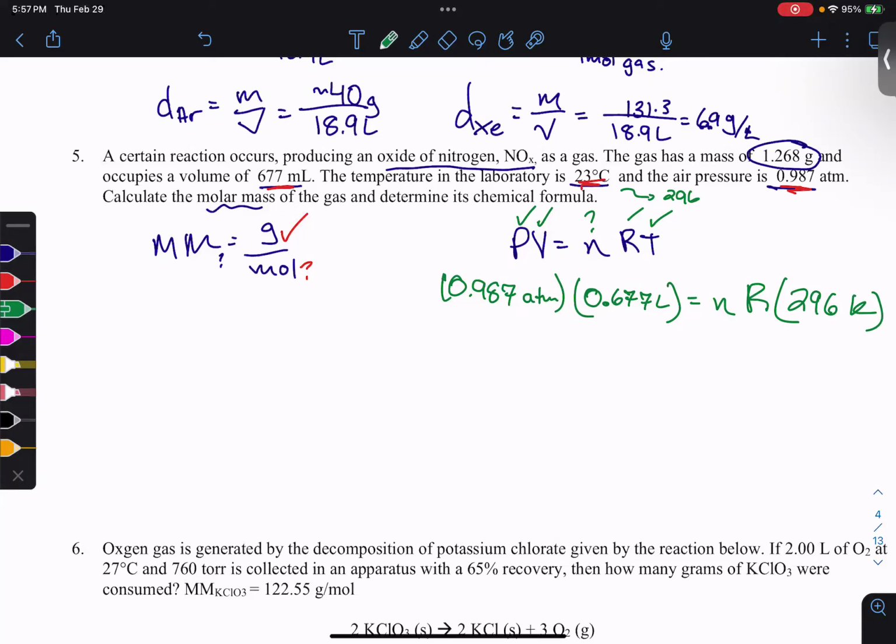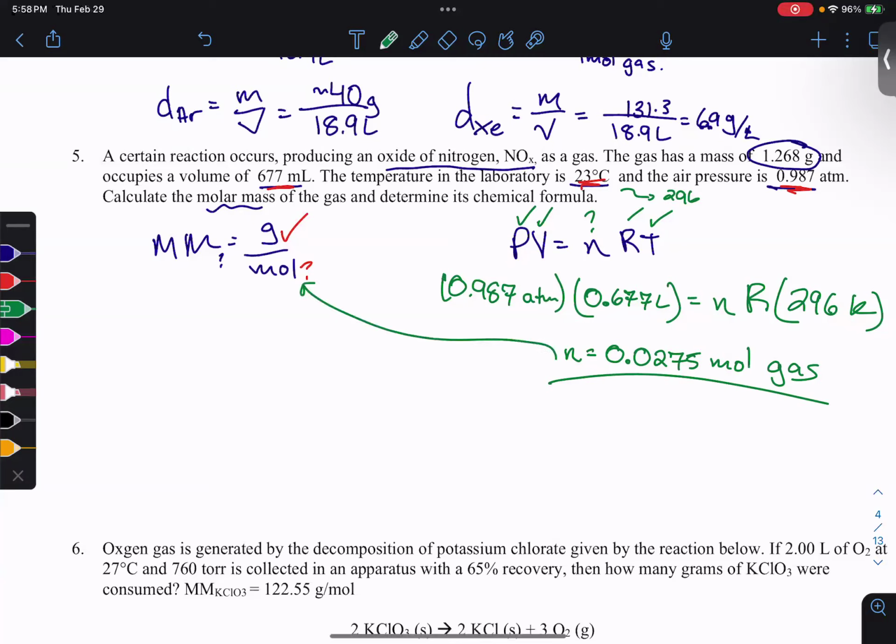0.987 times 0.677 divided by 0.08206 divided by 296. So I get that this gas sample, given these pressure, volume, temperature conditions, has to contain 0.0275 moles of gas, right? That many moles of gas of anything will occupy that pressure, temperature, and volume.